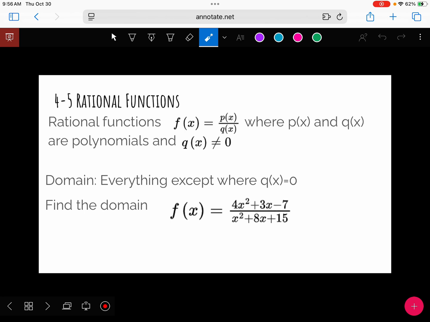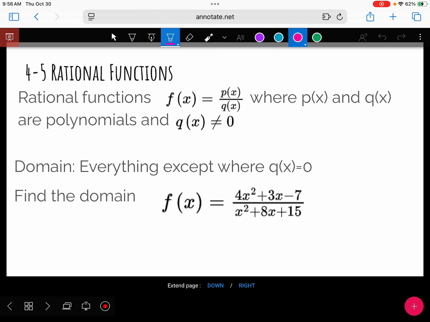The first thing we're going to be asked to do with our rational functions is to find the domain. We found domains for fraction-based equations before, but we're not going to have any square roots here, so we're never going to have that it has to be greater than 0 or less than 0.